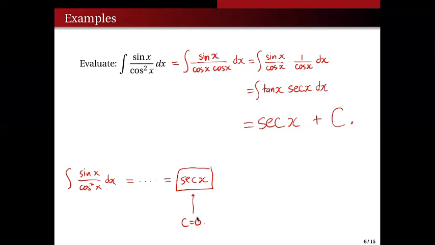Okay? So your next question could be, how many points will be deducted if you forgot to write the plus c? I'll ask you this. How many points should you get? How many members of the family are there? There are infinitely many possible c's, correct? So you have to give everyone.